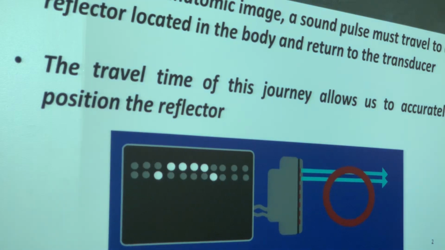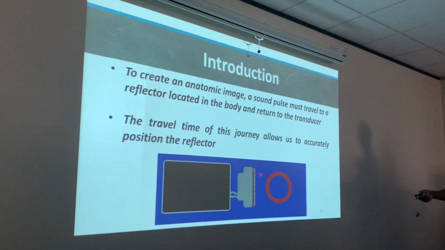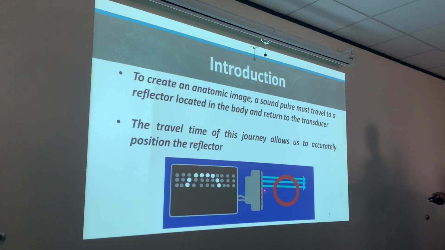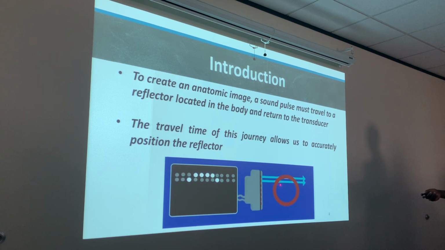That's what I mean by positioning at the correct reflector. If we send a pulse out and it hits a structure, let's say it goes from soft tissue to fat to soft tissue, sound travels slower in fat. So when it is traveling fast through the soft tissue, it hits the fat and slows down.